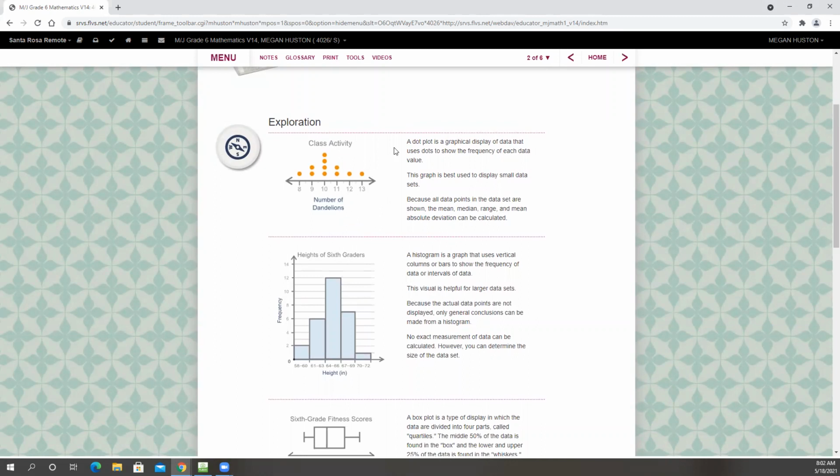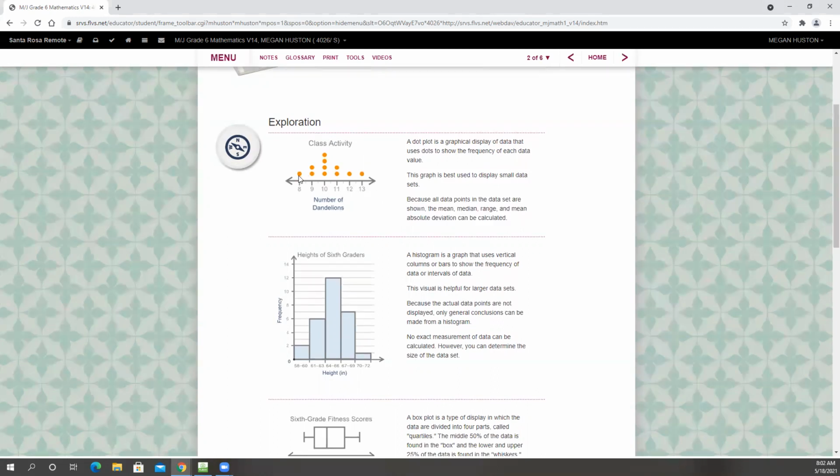The first is a dot plot. So a dot plot is a graphical display of data that uses dots to show the frequency of each data value. This graph is best used to display small data sets. Because all data points in the data set are shown, the mean, median, range, and mean absolute deviation can be calculated.